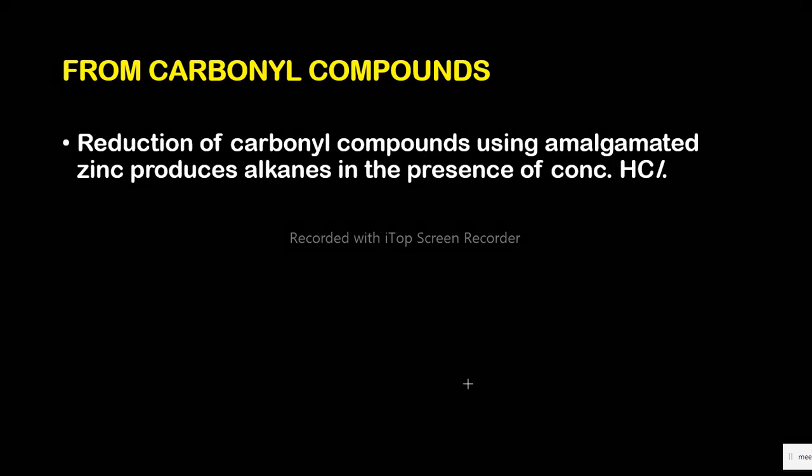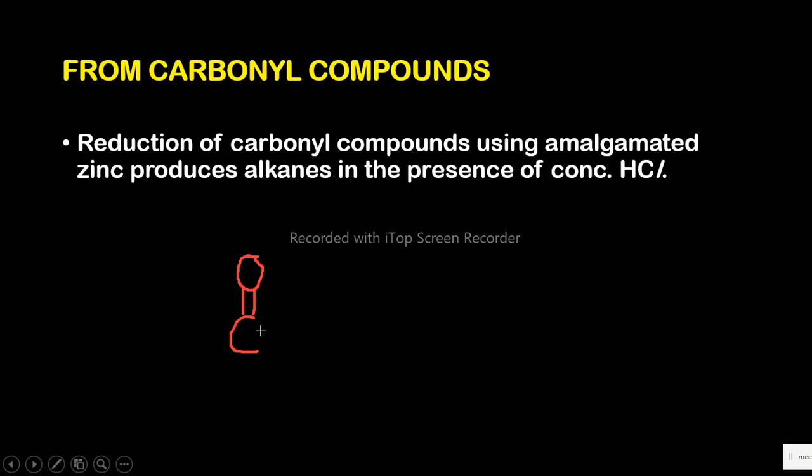Now, what are carbonyl compounds? Like I told you in our first lesson, when I gave you the course outline. If you remember in biology, you have carbon and the carbon has oxygen.